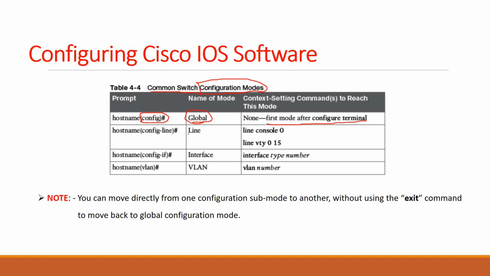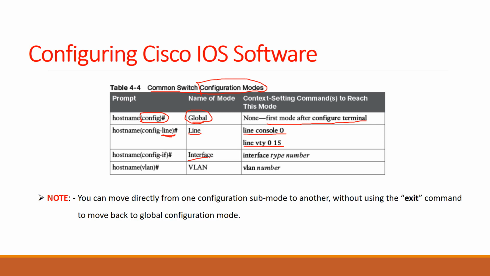If you type line and then, for example, line console 0 to access the console port and configure it, or you can type line VTY from 0 to 15, which is to configure SSH or Telnet, you will move to the line mode.